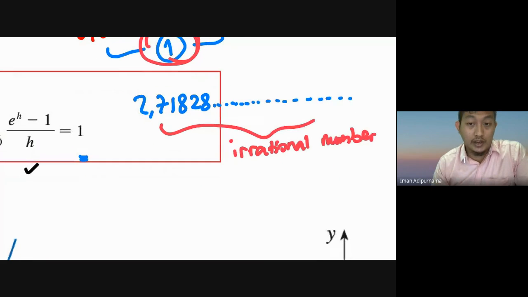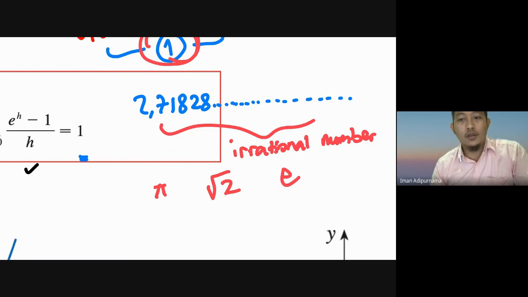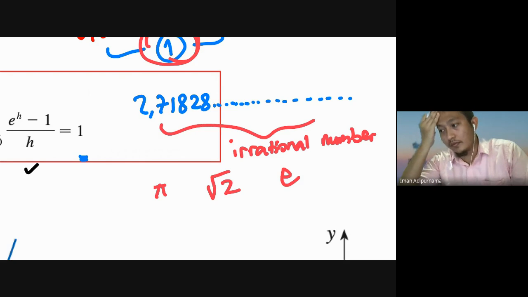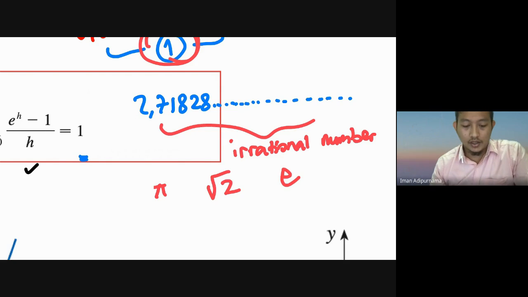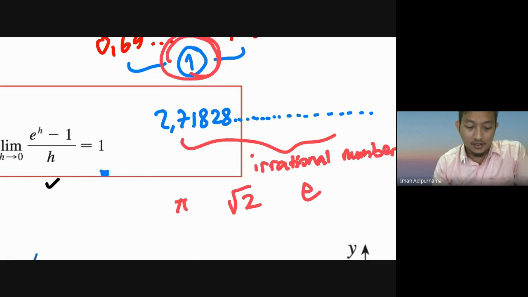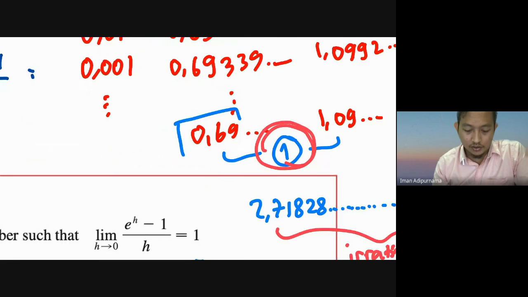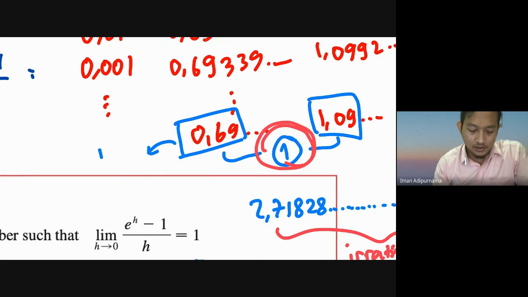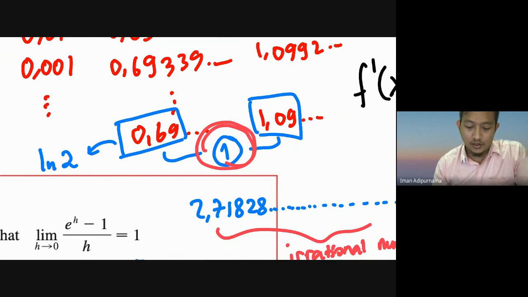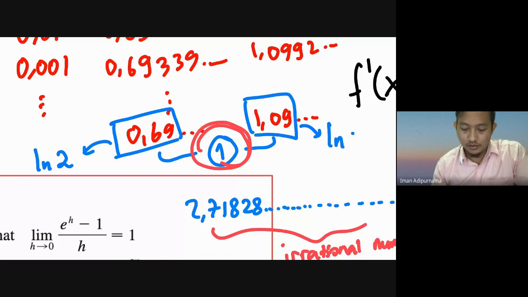Like when you have pi, also an irrational number, also square root of 2, also an irrational number, and we also have e. Okay, now we have e. So this number here, 0.693 and 1.099, this is ln 2, this is ln 3. ln is our logarithm with the base e.